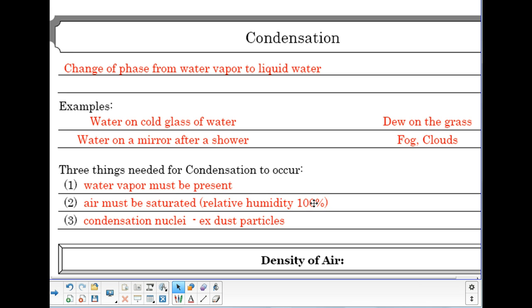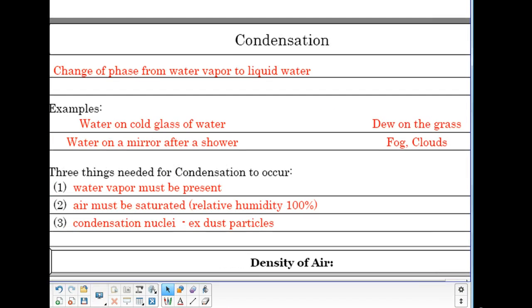Cool it down just a tiny bit more, and that water has to come out. There's no place for it to go. You get more condensation than you get evaporation, and so you get condensation on the dust and dirt in the air.